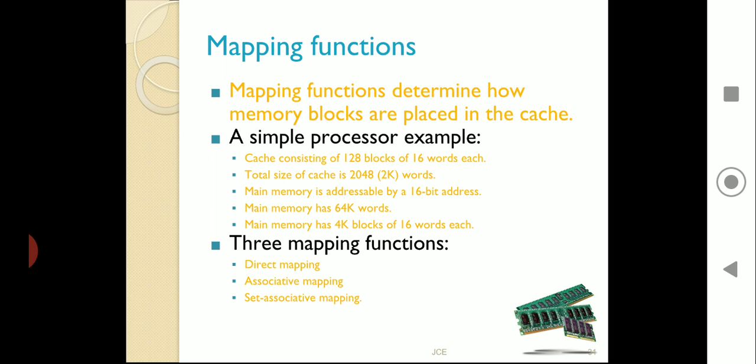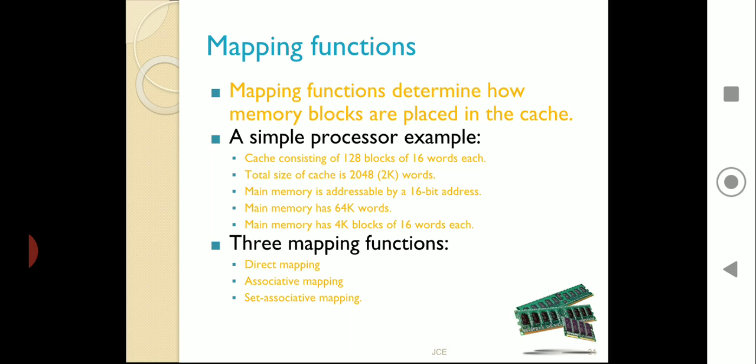If I want to map, the problem is that the cache would get filled up very easily, because its size is small, whereas main memory has a lot of data to send because its size is more. This was the trade-off which I spoke about in the previous classes.